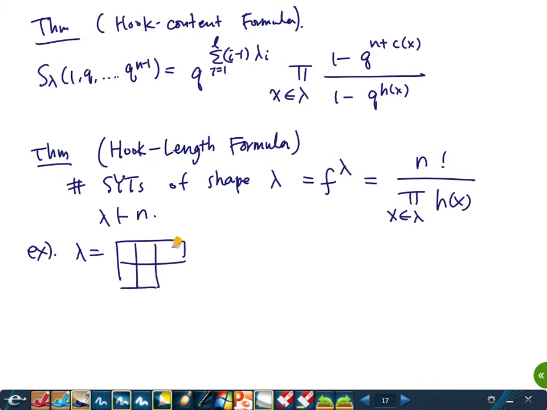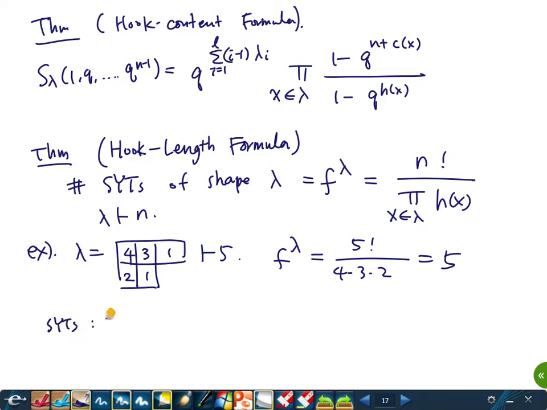So let's compute the hook lengths. Here, the hook lengths are 1, 1, 3, 2, 4. This is a partition of 5. So the number of standard Young tableaux is 5 factorial over the product of these hook lengths, 4, 3, 2, which is 5. There are 5 standard Young tableaux, listing them: 1, 2, 3, 4, 5 filled in five different ways.